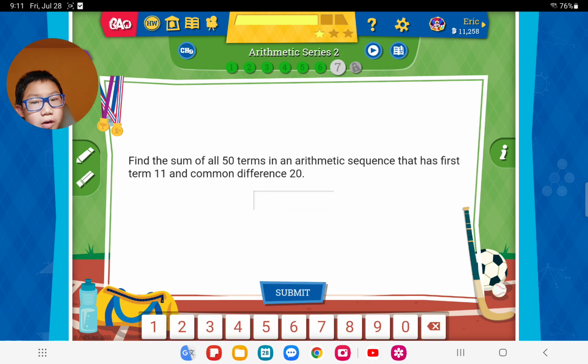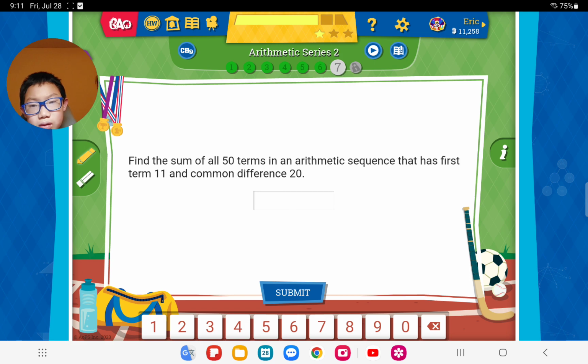Find the sum of all 50 terms in an arithmetic sequence that has first term 11 and common difference 20. Keep going. Okay, sum up all. Find the sum.